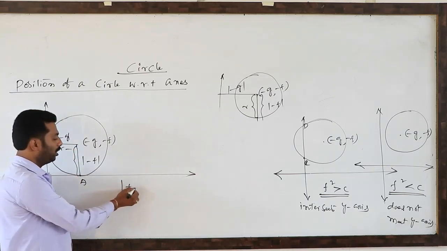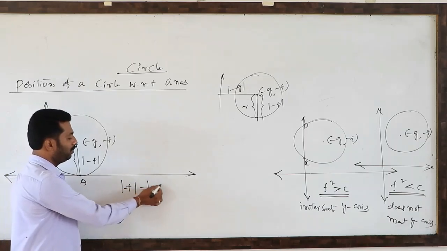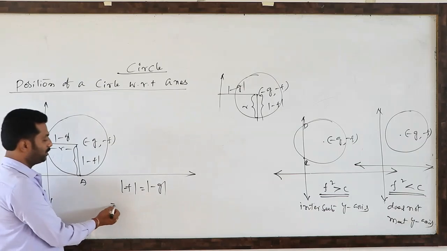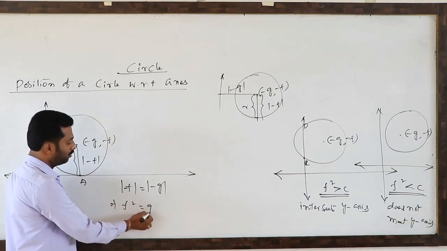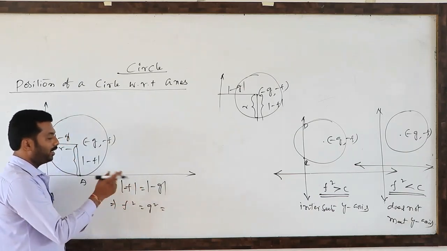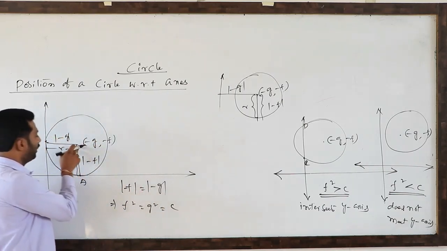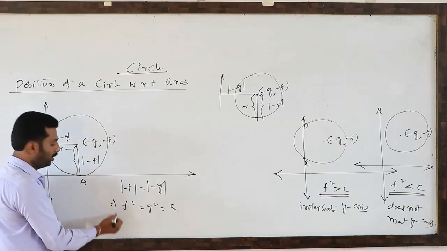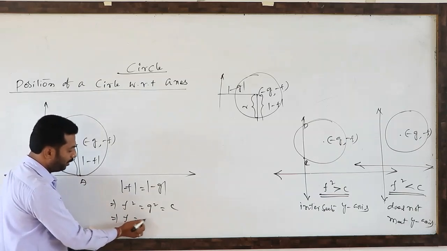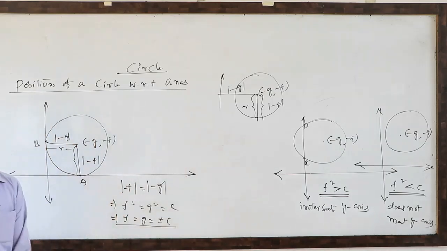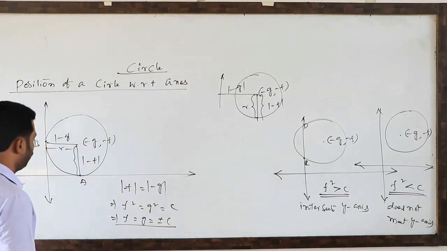Means modulus of f equals modulus of minus g. At the same time, f square equal to g square. Already, touches the x-axis means g square equal to c. Touches the y-axis means f square equal to c. So from this, f equal to g equal to plus or minus root c.